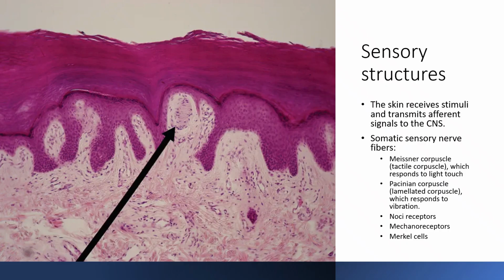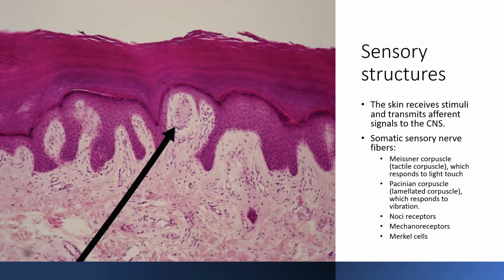And so what we have are things called the Meissner corpuscle, also called the tactile corpuscle. We have the Pacinian corpuscle, or lamellated corpuscle, which is another name, and then nociceptors, mechanoreceptors, and Merkel cells, or Merkel discs, sometimes they're called.